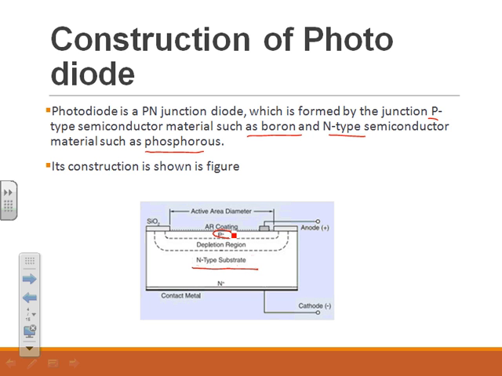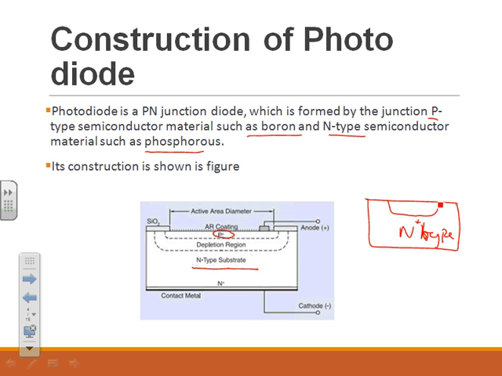Actually, the PN junction is made in such a way that we take a substrate, either p-type or n-type. Here we take an n-type substrate, and this n-type substrate is heavily doped, that is n plus. Through this n-type substrate, we diffuse a p-type material like this.